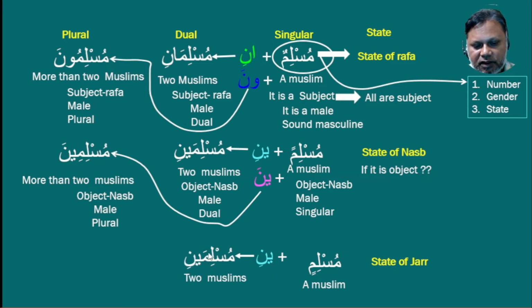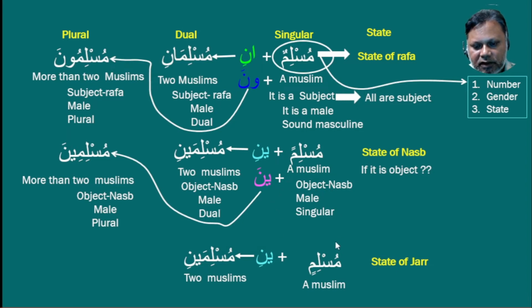Then we will get Muslimaini. It is the same as in the state of nasab. State of nasab, the dual is ini, Muslimaini, and state of jar also Muslimaini. The ini is the marker, the same for nasab and jar state.